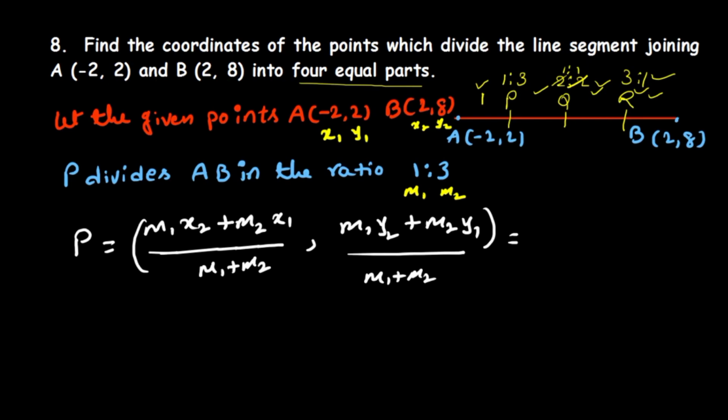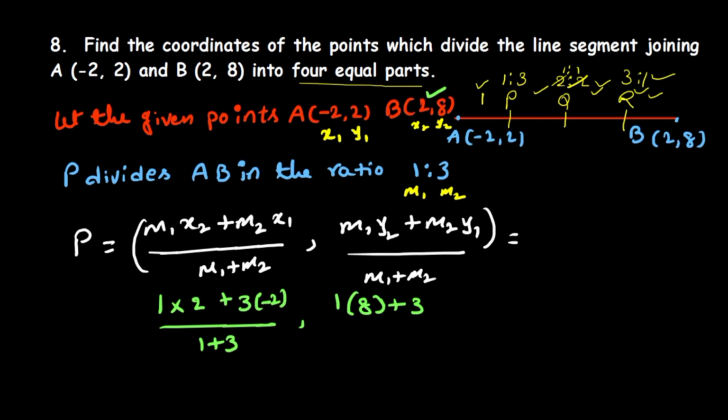So using this formula, m1 is 1, x2 is 2, so 1 into 2 plus m2 is 3 and x1 is minus 2, divided by 1 plus 3. Similarly 1 into y2 which is 8, plus m2 is 3 and y1 is 2, by 1 plus 3.